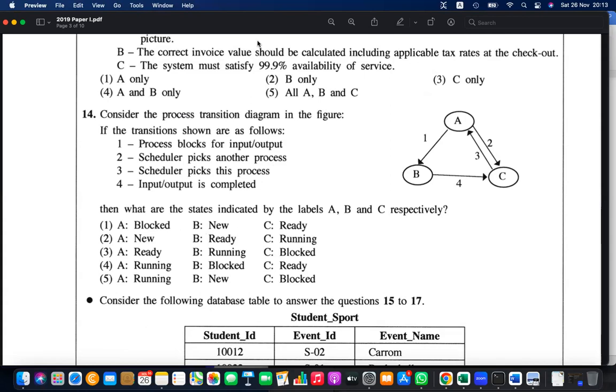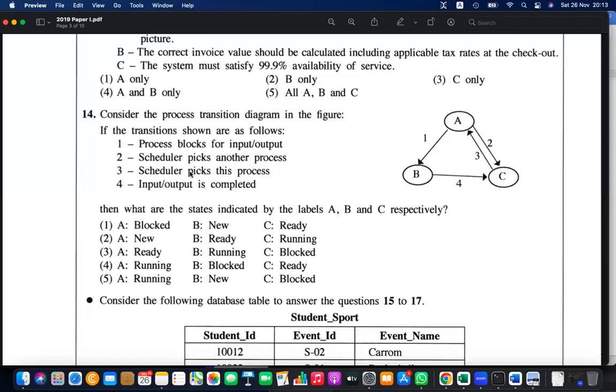Can you remember the others? The scheduling algorithms: round robin, priority scheduling, priority queues, and first come first serve, FCFS. So these are some examples.